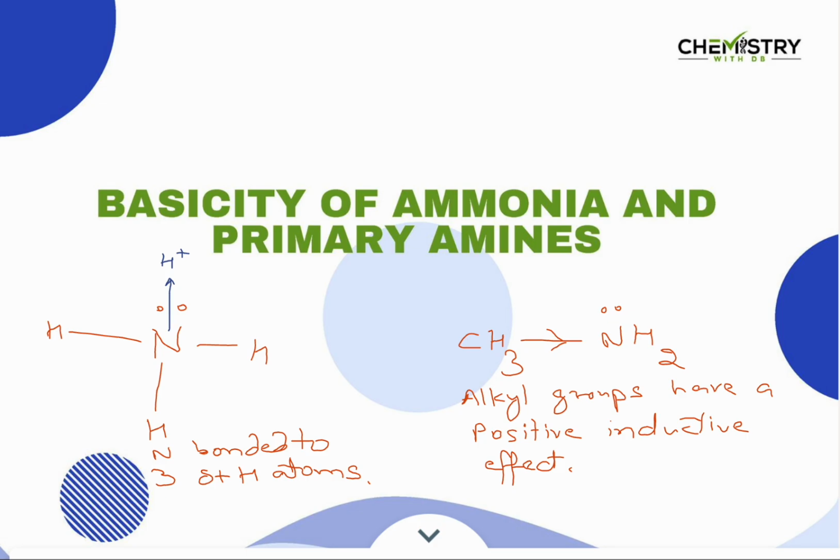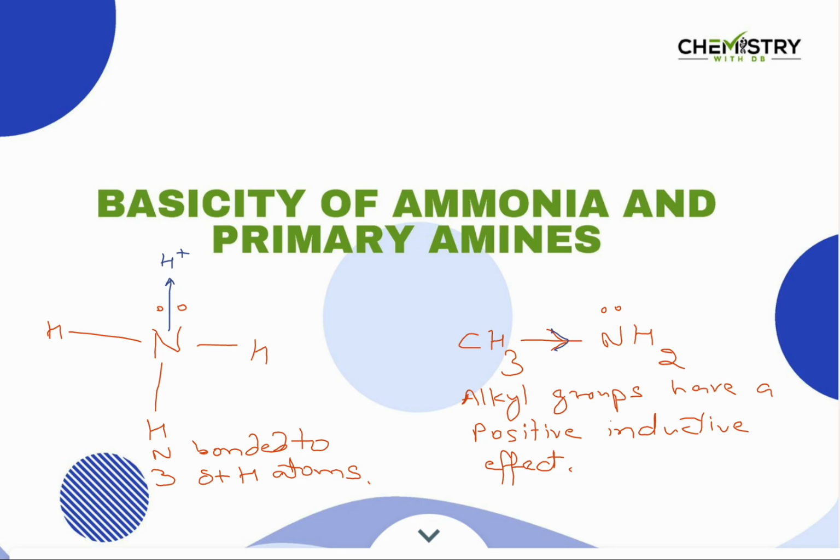In a primary amine, we can see that instead of 3 hydrogens, nitrogen now has 2 hydrogens and 1 carbon, which is in a methyl group. So that alkyl group is electron pushing. In other words, alkyl groups have a positive inductive effect, meaning they push electrons towards this nitrogen.